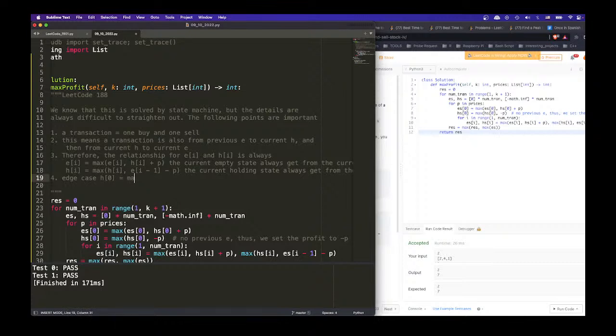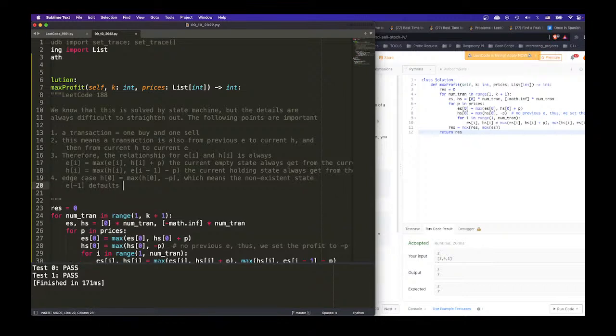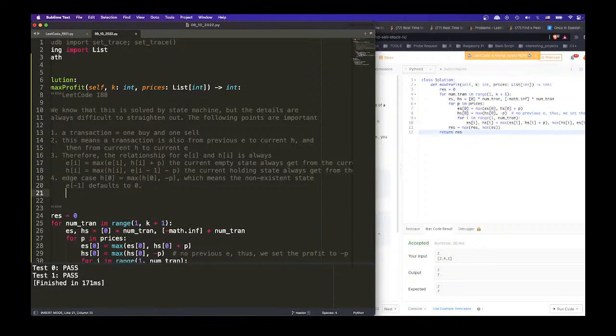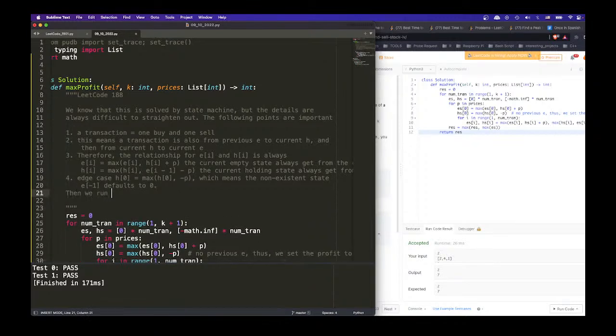H0 shall equal the maximum of H0 and minus P, which means the non-existent state E minus 1 defaults to 0. Then we run through all the prices and we're good. That's basically what it is.